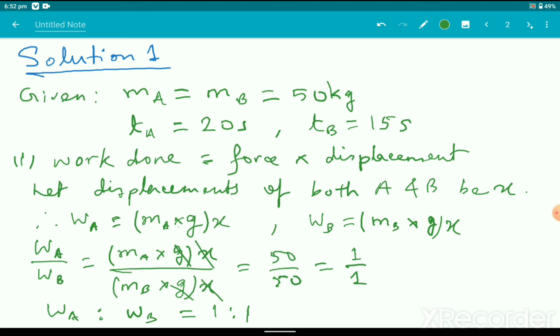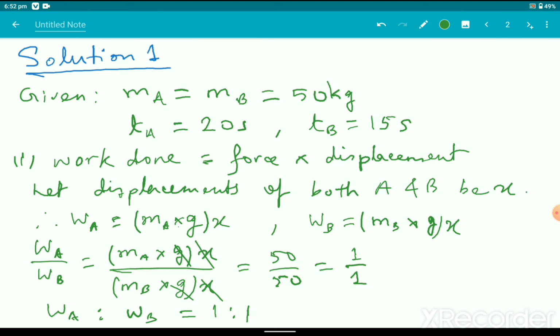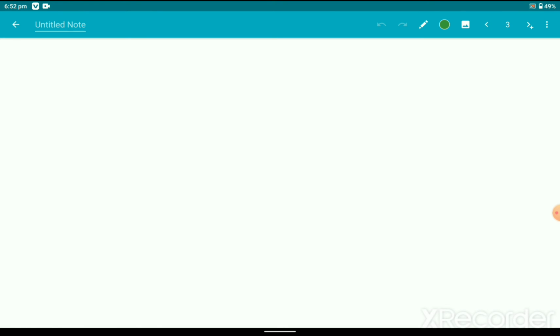Now coming to the second part of the problem, it has been asked to find out the ratio of the power developed. So we have to find out the ratio of the power developed.